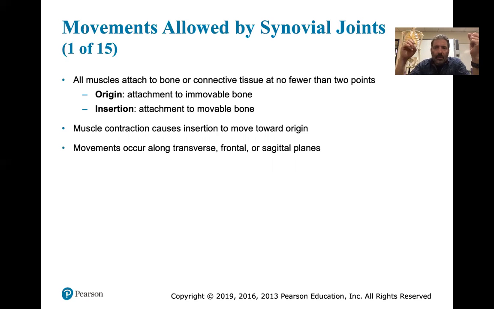Not always, but I'm just saying generally, the origin is usually more midline, right? Or more proximal as opposed to distal. So the insertion is attachment to the movable bone. Muscle contraction causes insertion to move towards the origin. Always, the insertion, the more movable bone, always moves towards the less movable bone.